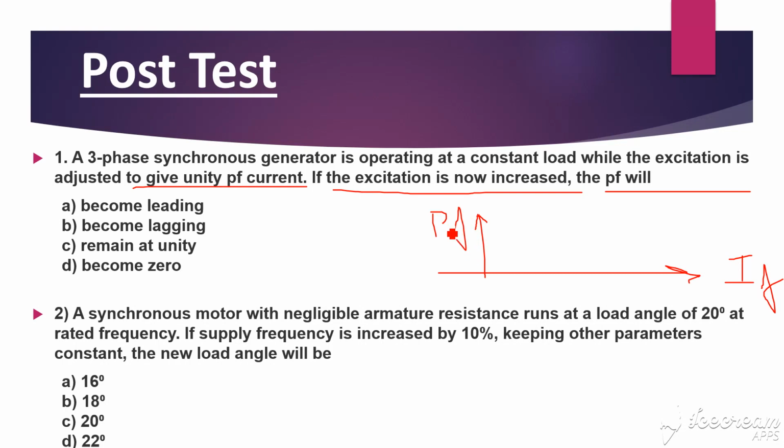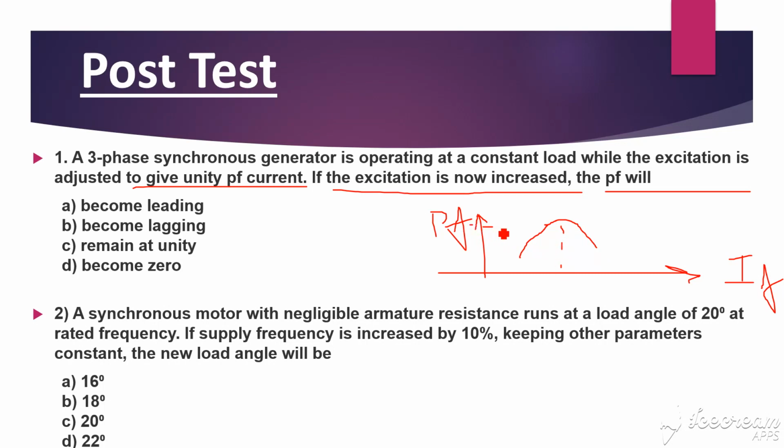The question says the motor operates at constant load while excitation is adjusted to unity power factor. Now the power factor is unity. After that, excitation is increased. Excitation increasing means the power factor decreases. This question is graph related: the graph between IF and power factor, the inverted V curve, is like this. We have the maximum power factor, unity, at a particular value.